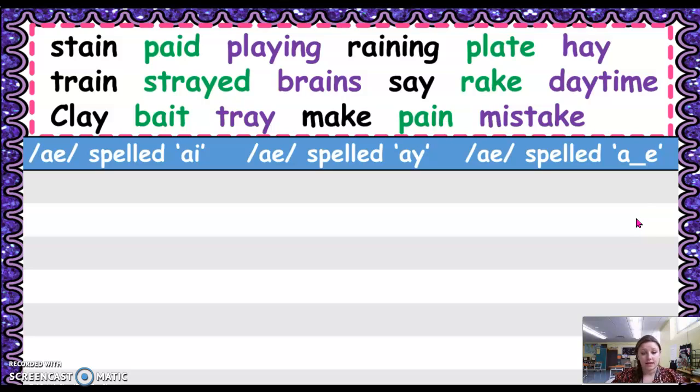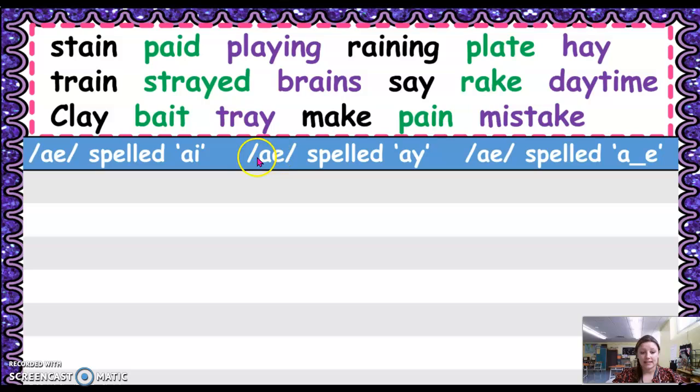This word sort that's on your screen right now is in today's Google form, and it's your job to decide which spelling is used to make the A sound. The first word says stain. Looking at the word stain, I see that it makes the A sound spelled AI. So I would put the word stain under the column A spelled AI. Down here we have the word clay.